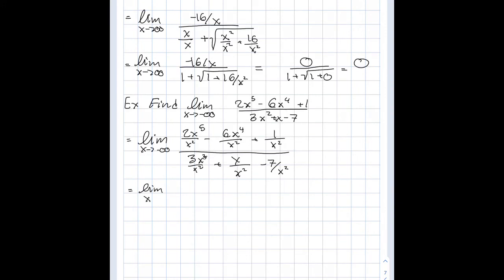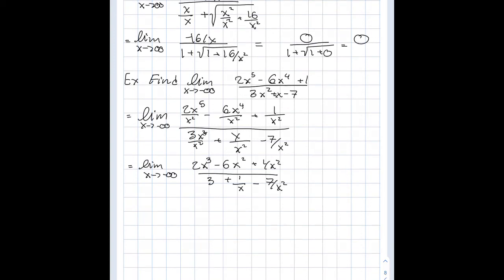We can simplify. All right, so we get 2x cubed minus 6x squared, excuse me, plus 1 over x squared, all divided by 3 plus 1 over x minus 7 divided by x squared.